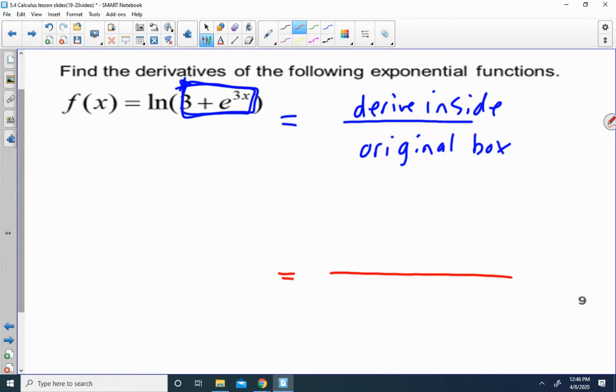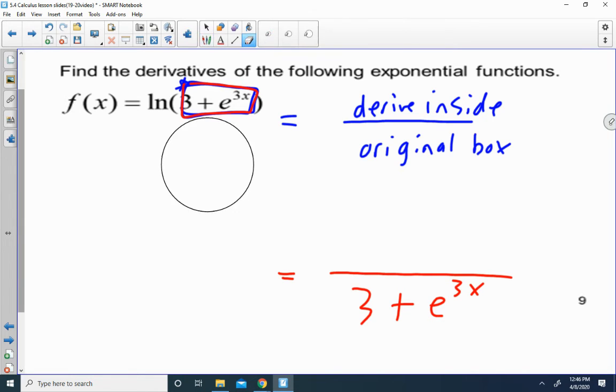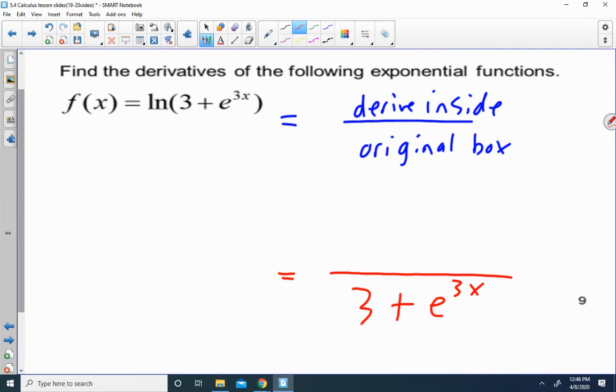So we know that we're going to have to divide by the original. So let's write that on bottom. On bottom we'll have 3 plus e to the 3x. But now, let's derive what's on the inside. Well, first, you're going to derive the 3, and the derivative of 3 is just going to be 0. And then, we got to derive the e.